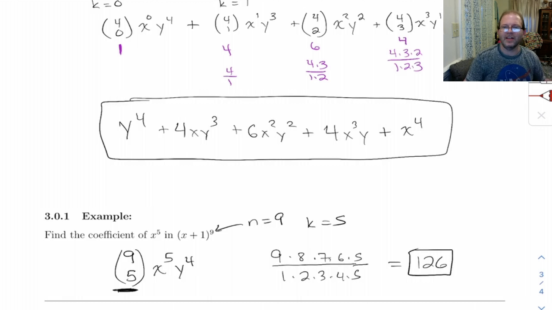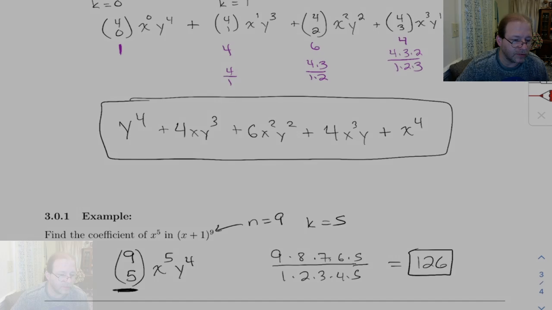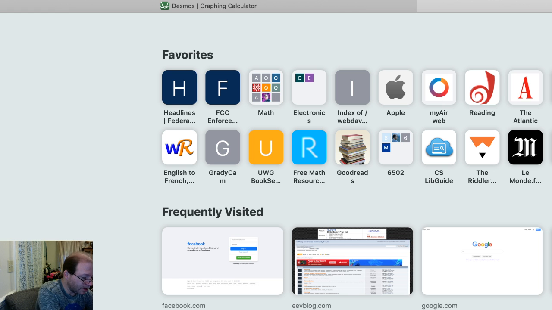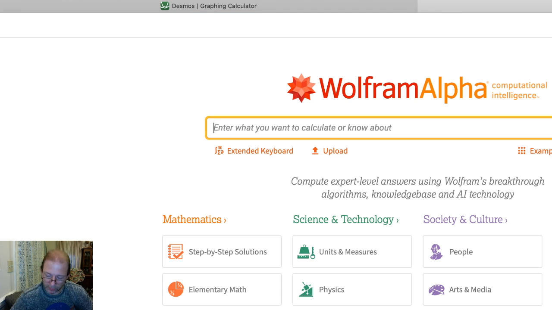Now you know me, I like to check my answers on this. So how can we do that? Well, I'm going to use Wolfram Alpha. I'm going to create a new tab and go to Wolfram Alpha.